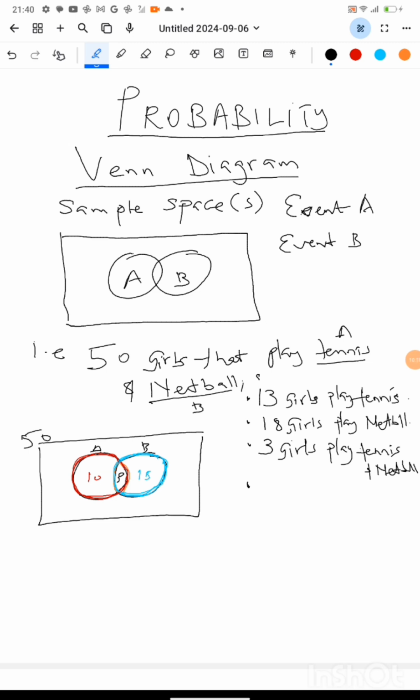Let's say you also had some that do not play. It means that they should be the ones that are outside the circle. Now, how many girls play tennis and how many girls play netball?